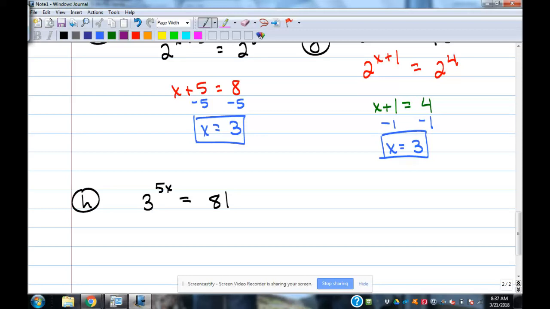I happen to know, though I haven't memorized it, that 81 is 3 to the 4th power. Not a ton of people have that memorized. Y'all remember doing factor trees from a while back? Break down the 81. I know 81 is 9 times 9. Most of us should know that. And then the 9s both turn into 3 times 3. So 81 is actually 3 four times, 3 to the 4th power.